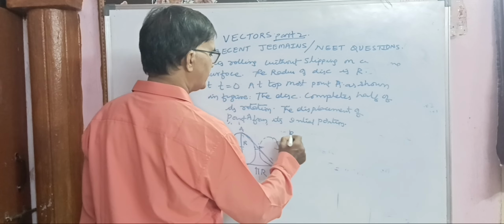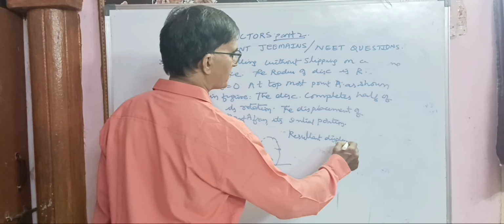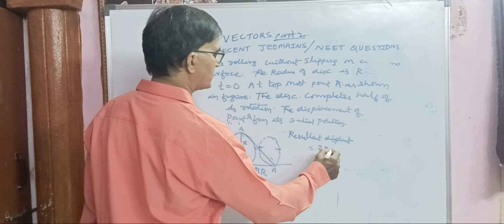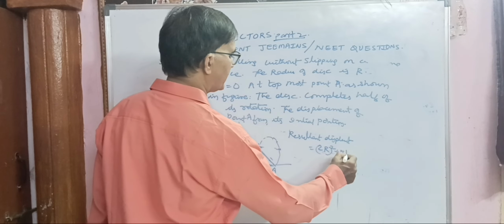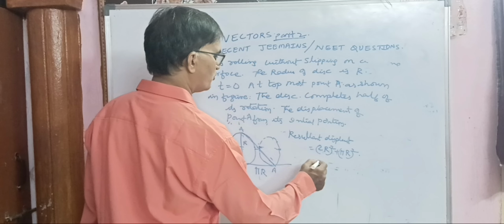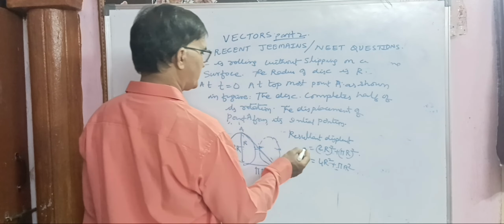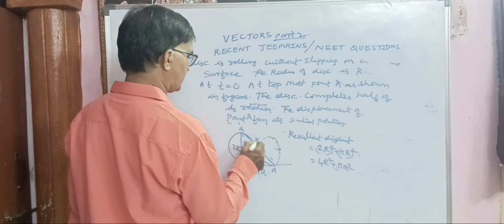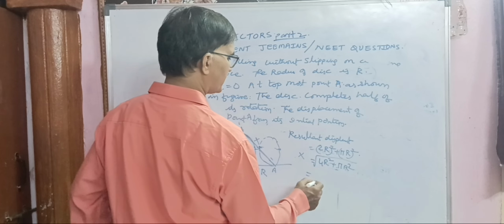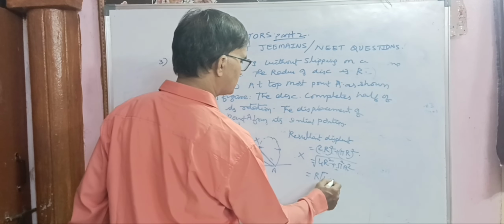So the resultant displacement is given by 2r whole square plus pi r whole square, so 4r square plus pi square r square. If you take the resultant displacement as x, then x is equal to root over. So what you get here? r into root of 4 plus pi square is the answer.